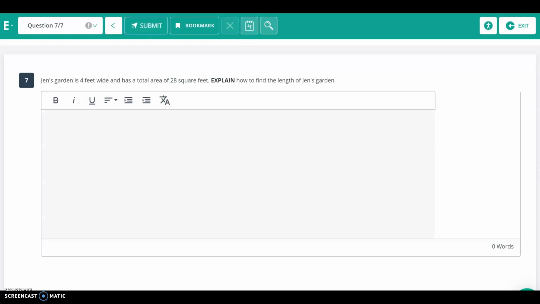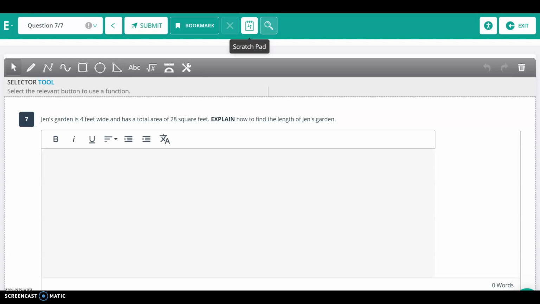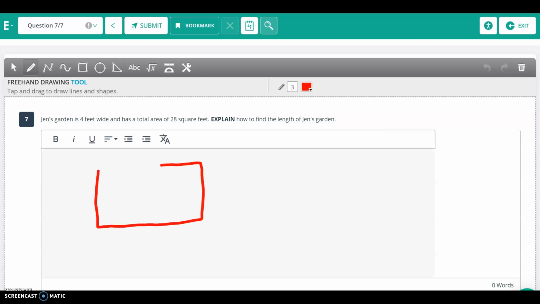Our very last one, we're going to have to draw a picture. Please make sure that you are following along carefully. Jen's garden is 4 feet wide and has a total area of 28 square feet. Explain how to find the length of Jen's garden. We're going to use our picture to help explain. So first I'm going to draw the garden. And it told me it's 4 feet wide.